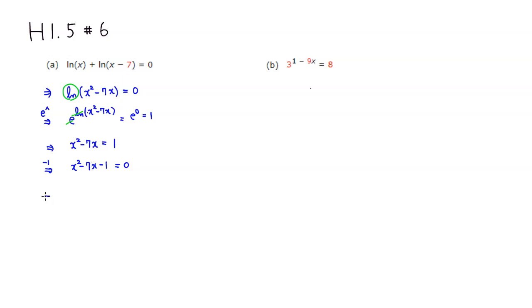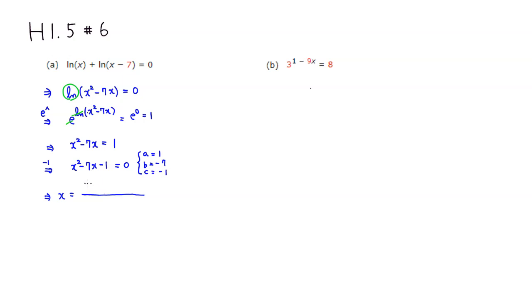Using the quadratic formula here, x is equal to, let's identify a, b, c in this case. A is the coefficient of x squared, which is 1, b is negative 7, and c is negative 1.